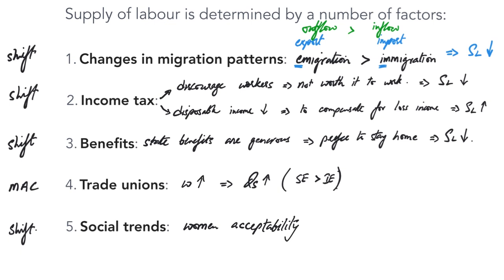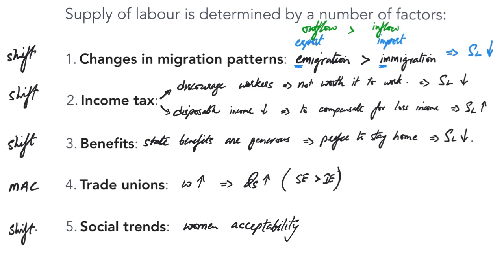Then daycares and all of these facilities opening up also allowed women to have freer time and come into the work environment. And then obviously the working conditions have improved over a period of time, so that has also made women more acceptable.